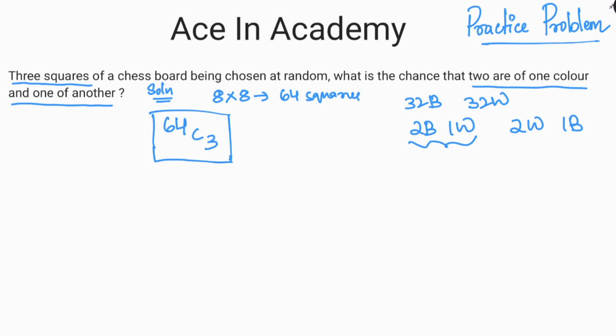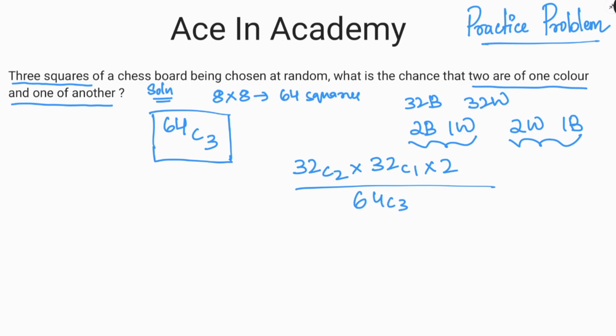In how many ways can we select 2 black and 1 white square? It is 32C2 into 32C1. This counts selecting 2 black squares out of 32 black squares, and this counts selecting 1 white square out of 32 white squares, and we simply multiply by 2 to count the number of times we can select 2 white squares and 1 black square. So this is our numerator, and we'll divide it by our denominator, that is 64C3.